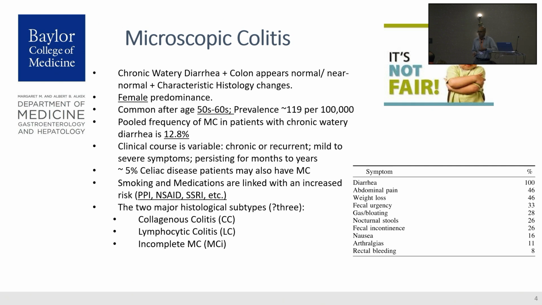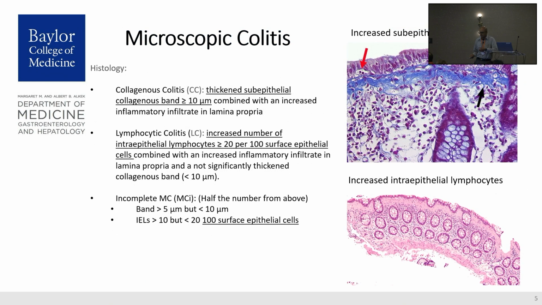You can see a band here. This is an increased subepithelial collagenous band, and the thickness should be more than 10 microns. And this is lymphocytic colitis. You can see a lot of lymphocytes, and technically the pathologist will count more than 20 lymphocytes among 100 epithelial cells.